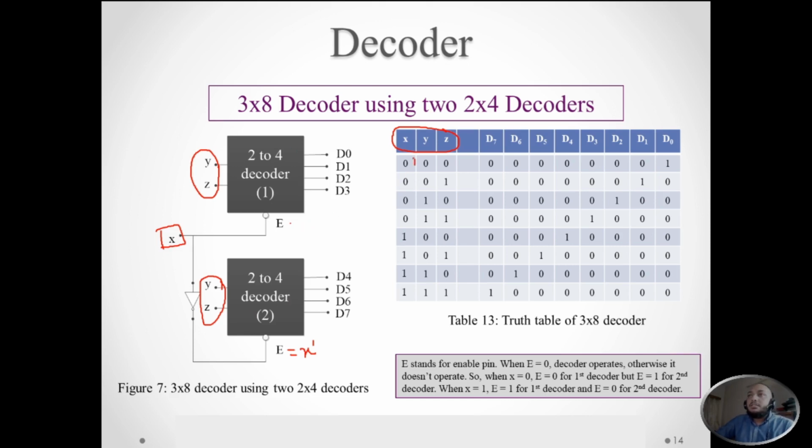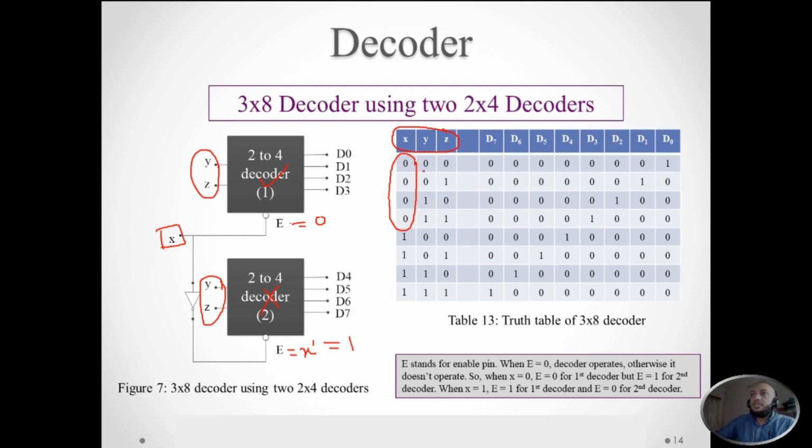So we can see for the first 4 cases X is 0, that means E is 0 here and E will be 1 here. That means for the first 4 cases this decoder will operate and this decoder won't operate, and when this decoder operates, it will operate as a normal 2:4 decoder.